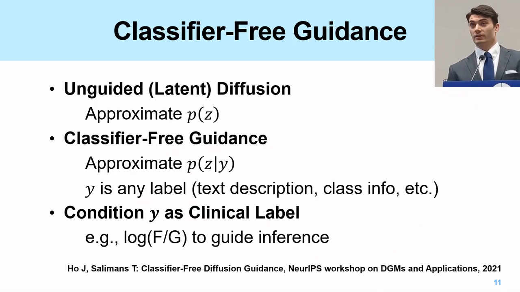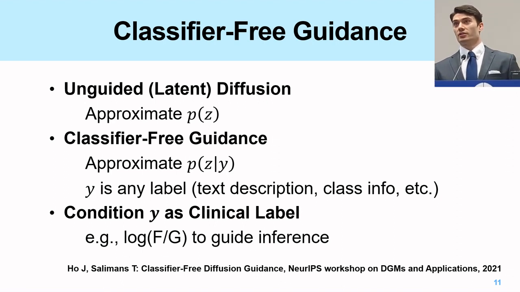So classifier-free guidance is our solution. We take some inspiration from the classifier-free guidance paper. Normally latent diffusion, or any kind of diffusion sampling, is approximating just the distribution unconditionally. However, with classifier-free guidance, you are approximating the distribution conditioned on a label, and a lot of times this is a text label or class info.